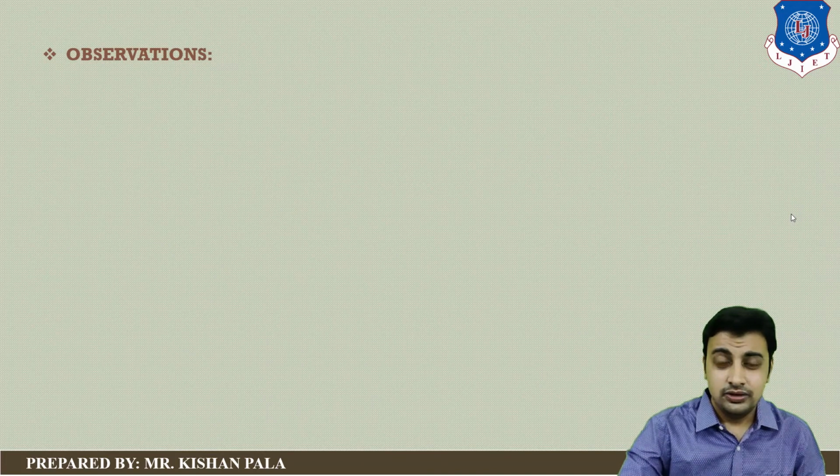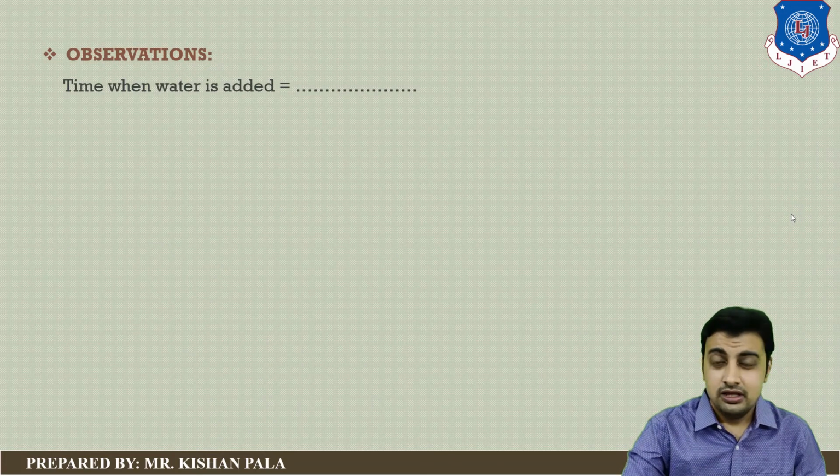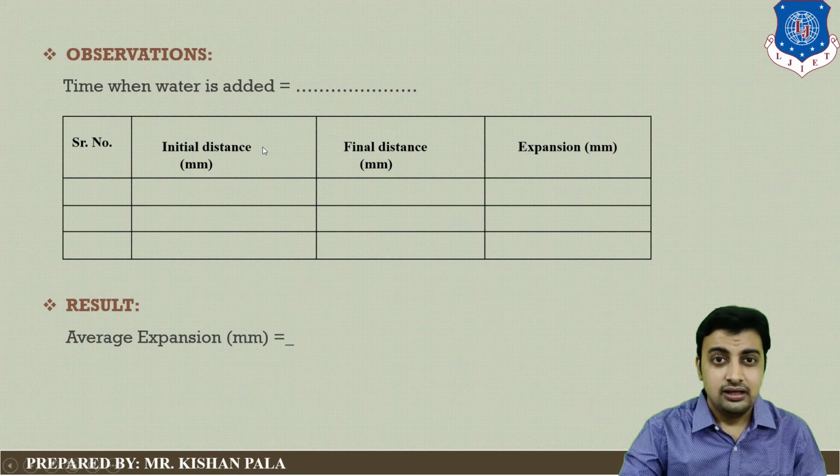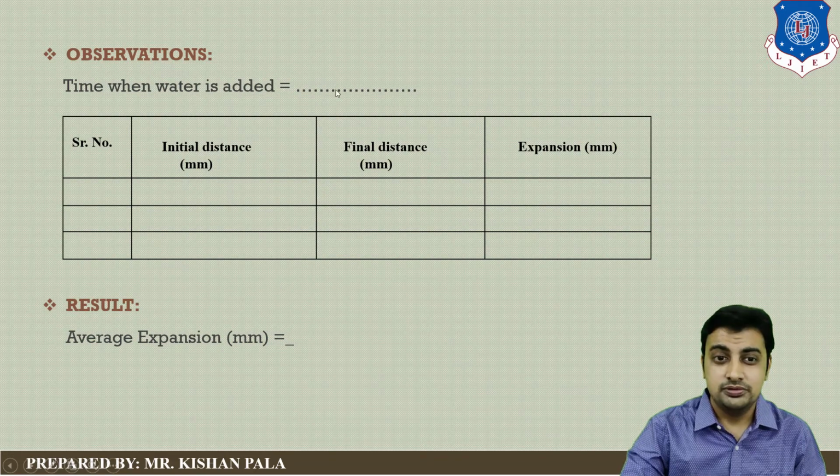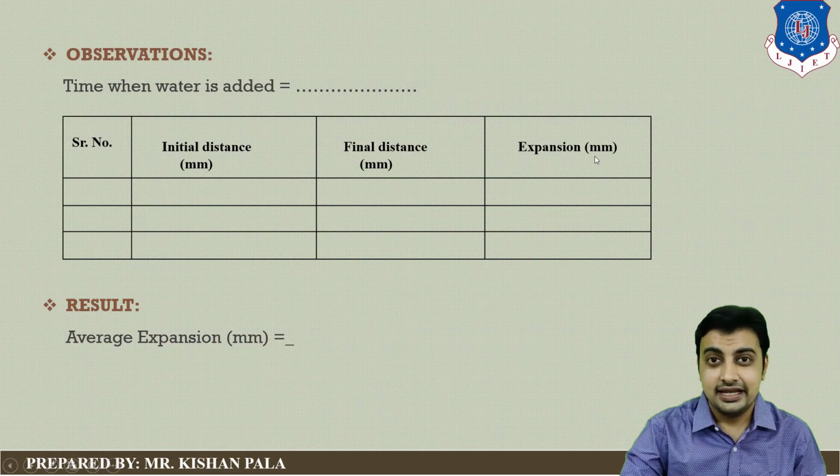Here you can see the observation. First of all, you have to note the time when water is added, and here you can see the observation table on your screen: the initial distance, the final distance, and the expansion. For example, our initial reading is 20 mm and final reading is 15 mm.